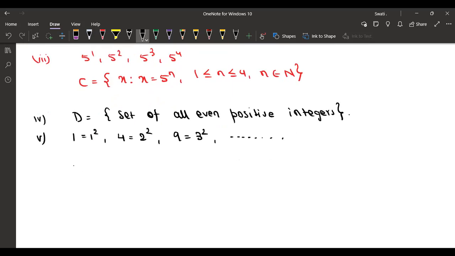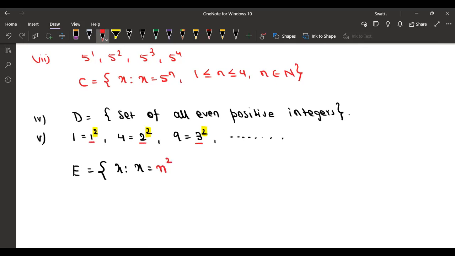So simply we can write down that the generalized form for this is going to be x such that x equals, can you see that we are having only square, square, square only? What is getting changed? This number is getting changed, right? So let us consider that as n this time, and because that power 2 is fixed, you can just write n square.